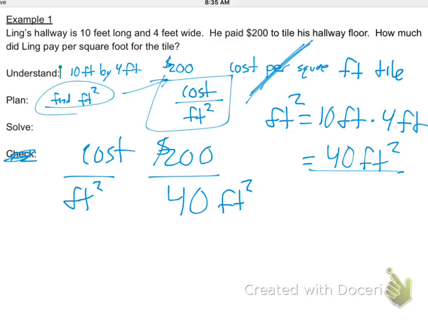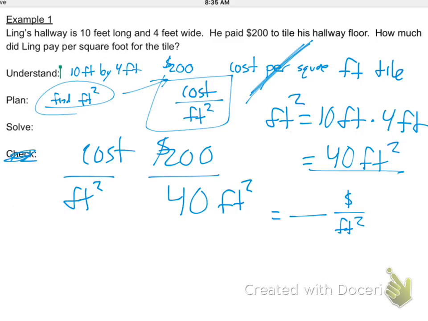But in this one, they don't cancel, they add to the problem, because our problem needs to be cost or money divided by square foot. So we have our money over square feet. That's good. I'm running off of a line here, so I'm going to break this out on the back side and put my units there.